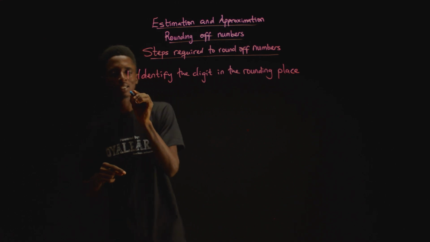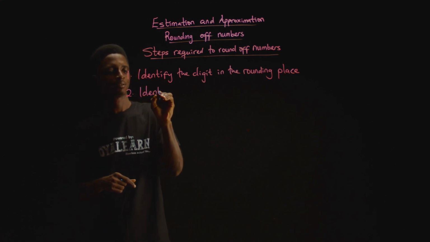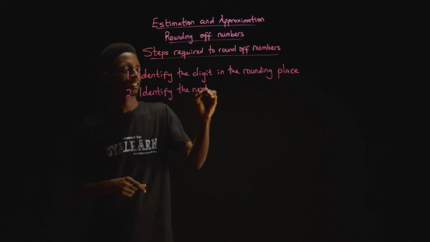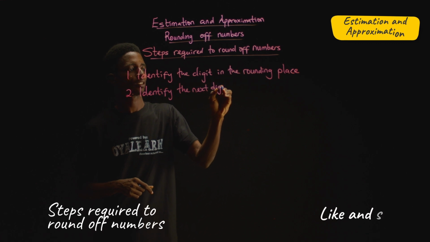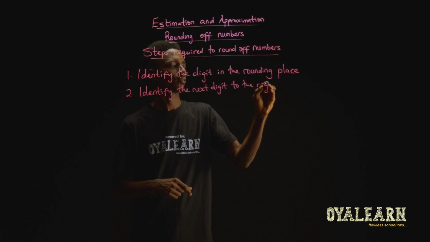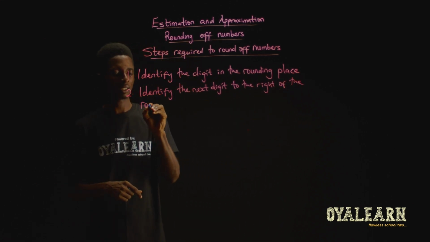Now, when you have done that, you then perform step 2, where you identify the next digit to the right of the rounding place.